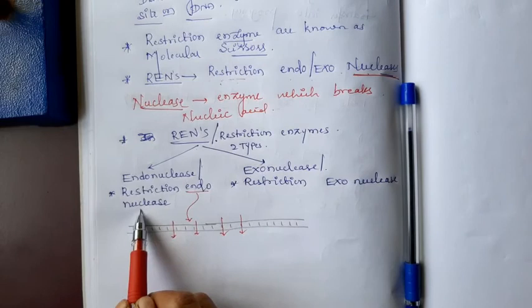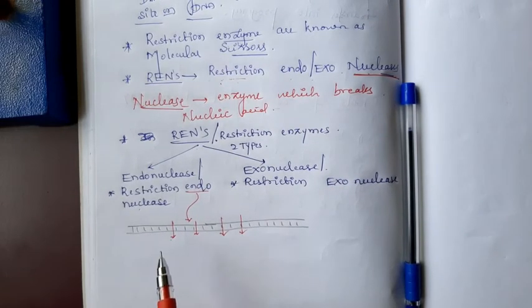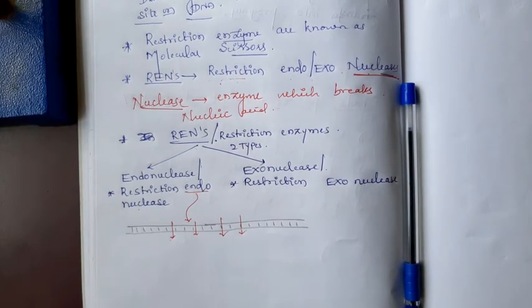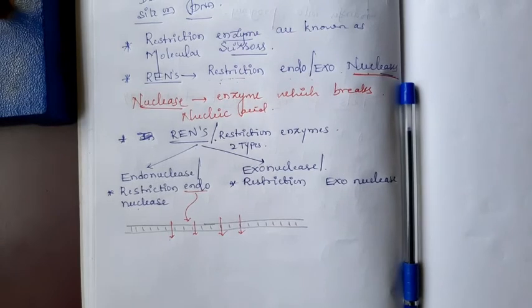Restriction endonucleases cut the sequence which is present in the middle. Means I can say that a restriction endonuclease is an enzyme which cuts the DNA exactly in the middle.